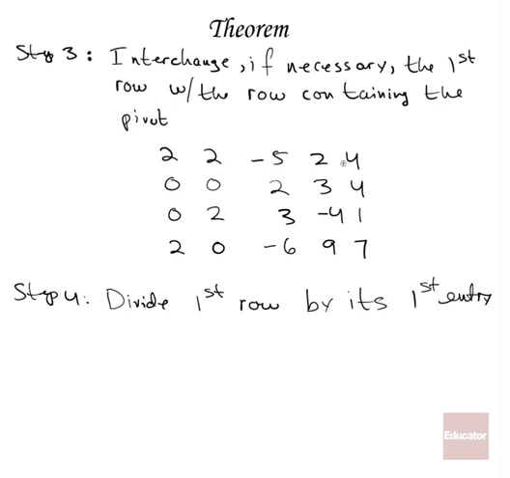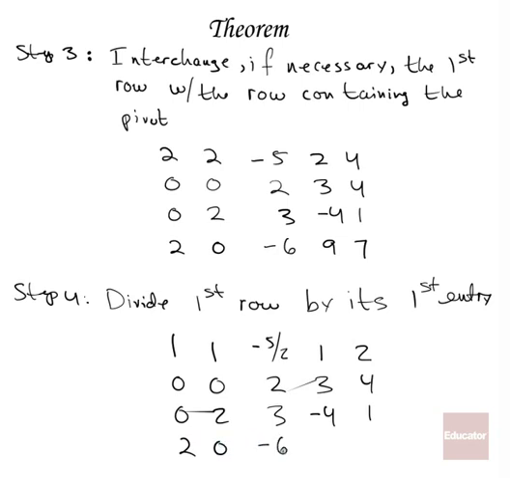So I'm going to divide everything in this row by 2. So I end up with 1, 1, negative 5 halves, 1, 2, and then I copy the others. 0, 0, 2, 3, 4, 0, 2, 3, negative 4, 1, and 2, 0, negative 6, 9, and 7. So this is what I end up with. Okay.